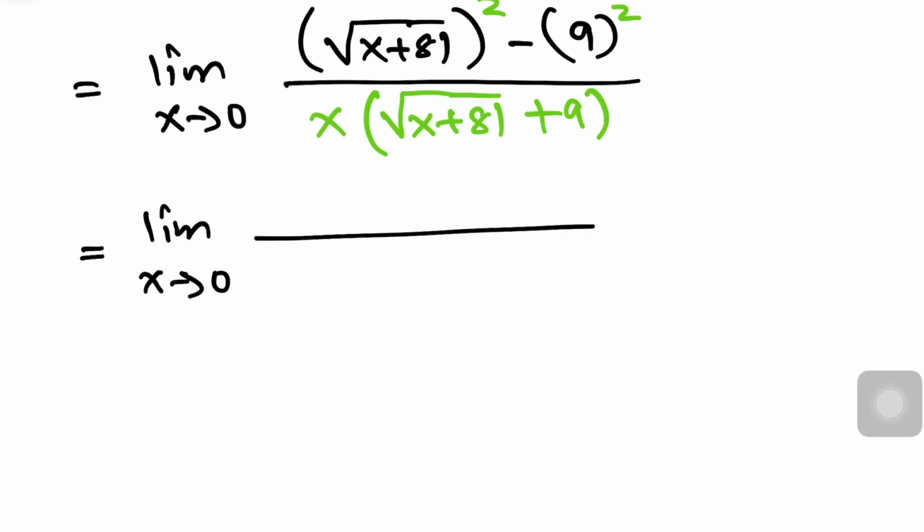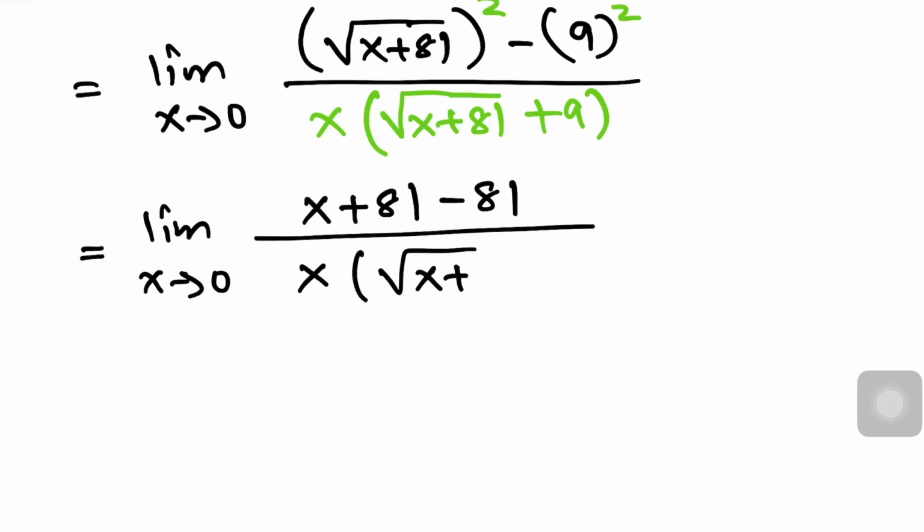Limit as x approaches 0. On top we have, well, the radical sign and the power 2, they will cancel each other out. x plus 81 minus 9 squared is going to be x plus 81 minus 81, which is x. Now in our denominator we have x times parentheses square root of x plus 81 plus 9.